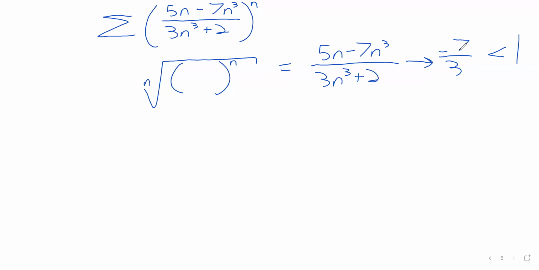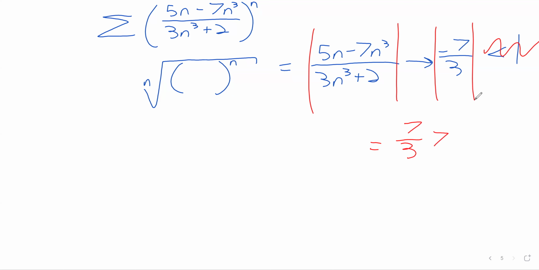We've made a mistake. We've left out the absolute values. When you put the absolute values there, this is +7/3. It's greater than 1. So those absolute values are pretty important.